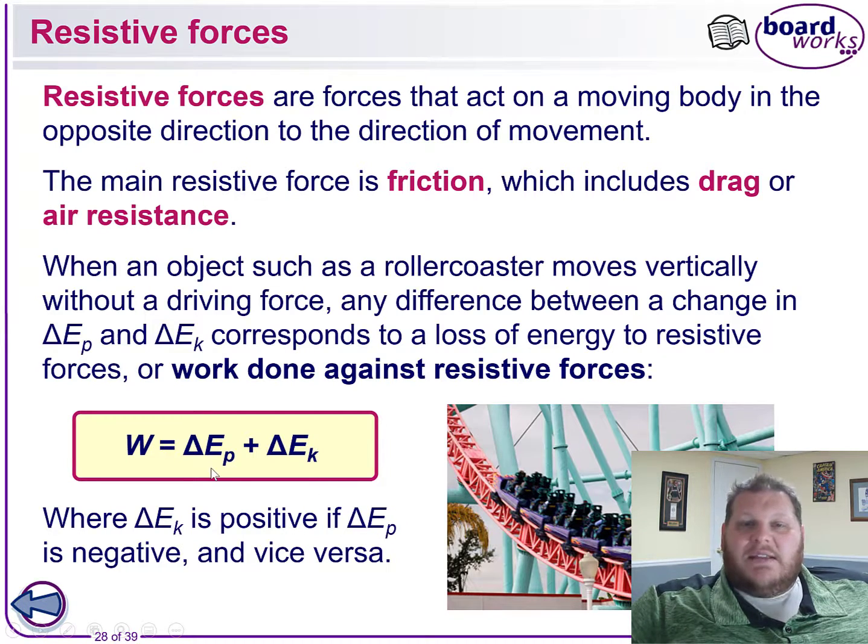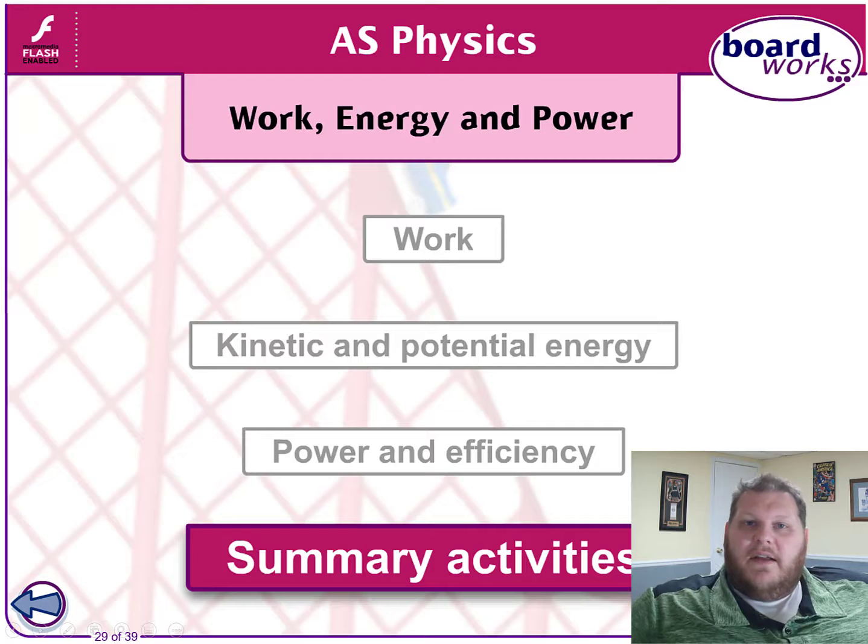So if we add those two things together, if they're not a perfect balance, if this doesn't add up to zero, where the gain and the loss is identical, any discrepancy between those two, then we can attribute to those resistive forces.